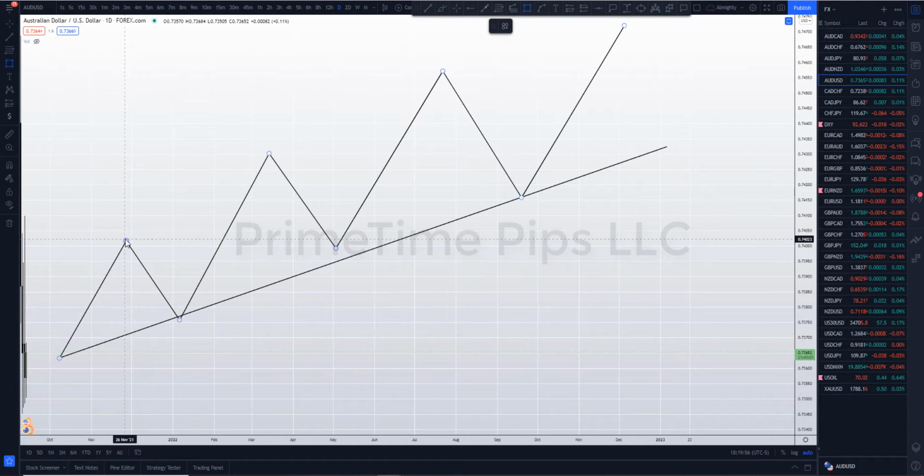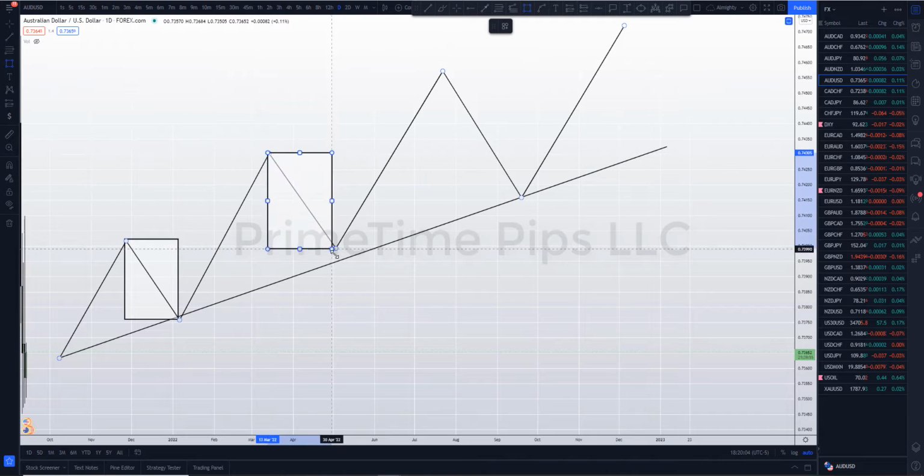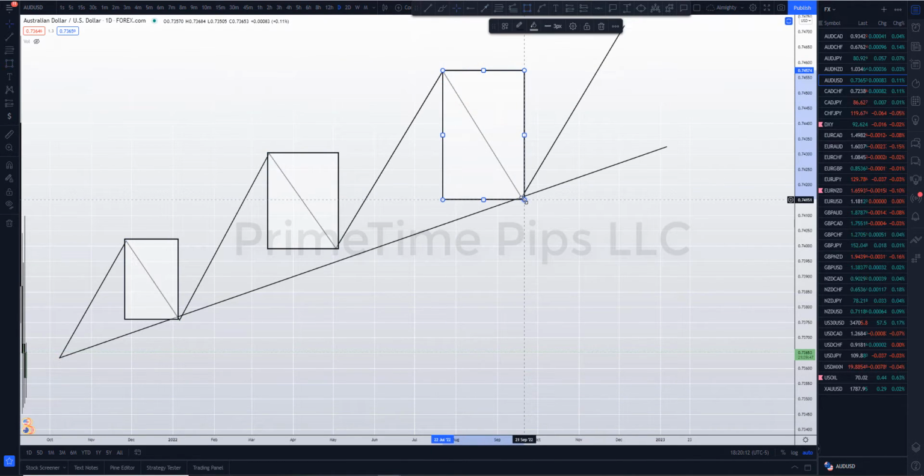So if I'm in an uptrend, that area will be something I would pay attention to. This down area is also something I would pay attention to. And of course, this down area, this is the last range.